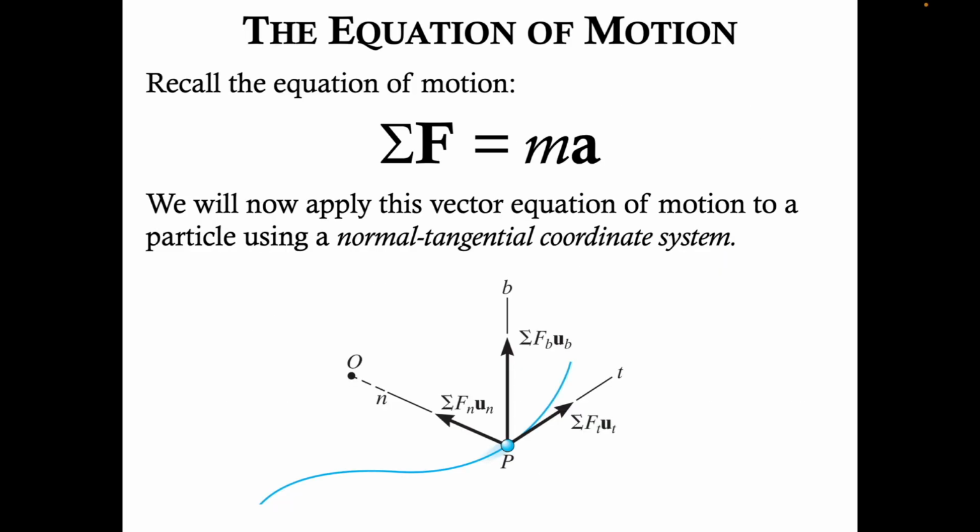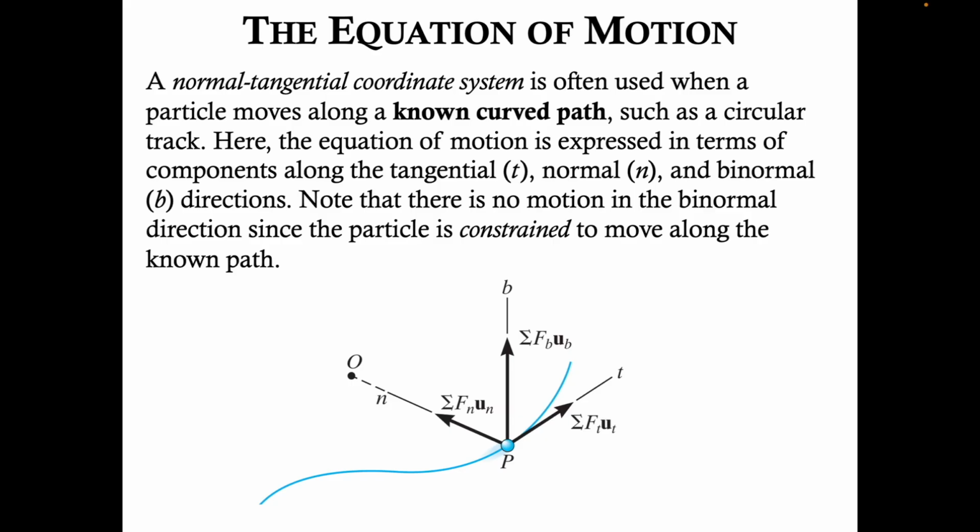We will now apply this vector equation of motion to a particle using a normal tangential coordinate system. A normal tangential coordinate system is often used when a particle moves along a known curved path, such as a circular track. Here, the equation of motion is expressed in terms of components along the tangential t, normal n, and binormal b directions. Note that there is no motion in the binormal direction since the particle is constrained to move along the known path.